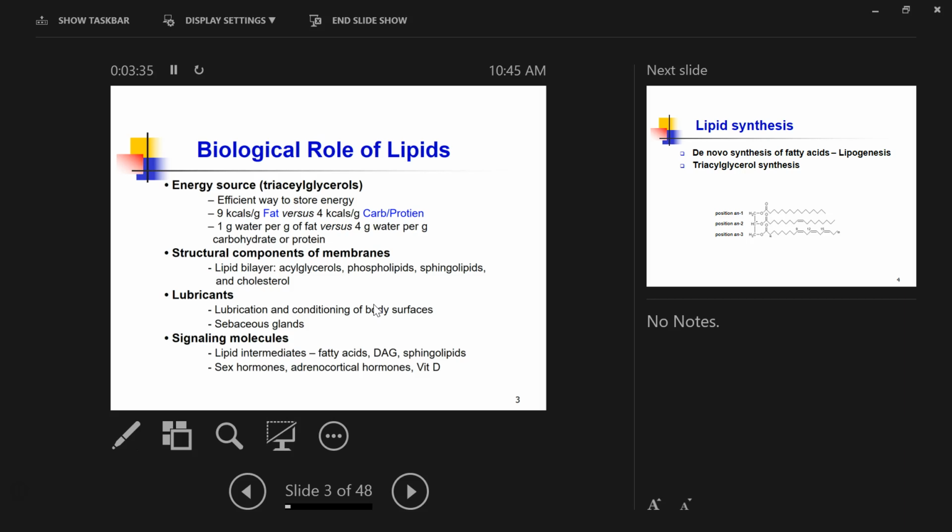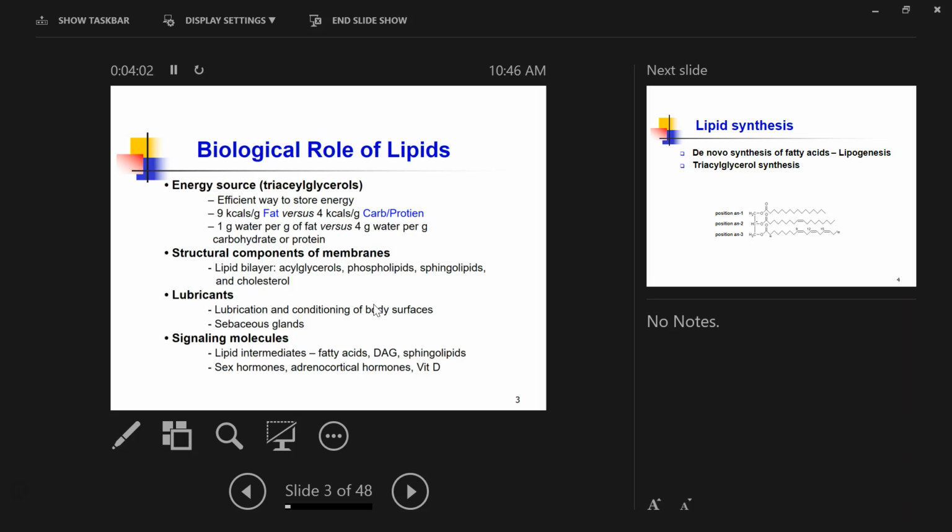And secondly, lipids are also very important for the structural component of the cell membrane, and also organelles inside of the cell. Lots of organelles like mitochondria or ER or Golgi, the organelle membranes, need lipids, right? The lipids form the bilayers of the cell membrane and also organelle membranes.